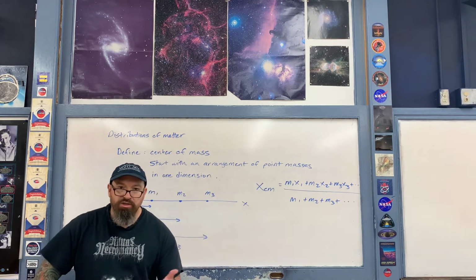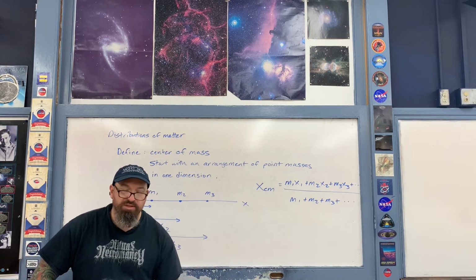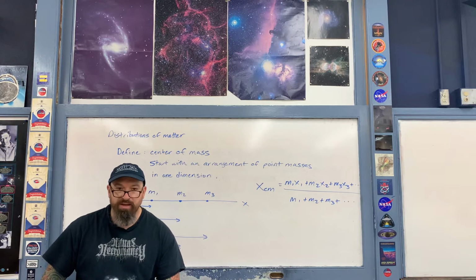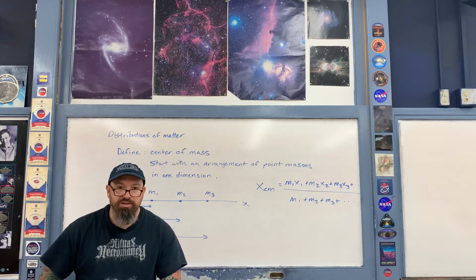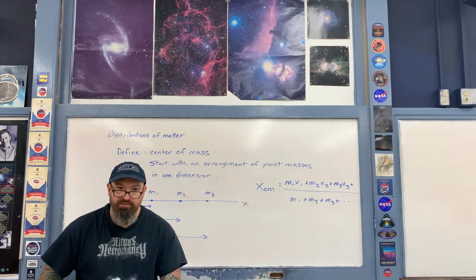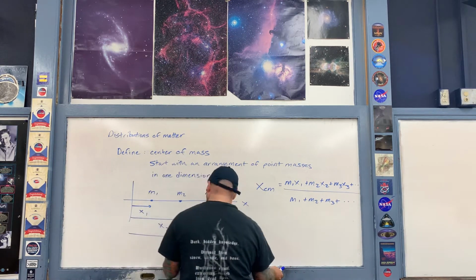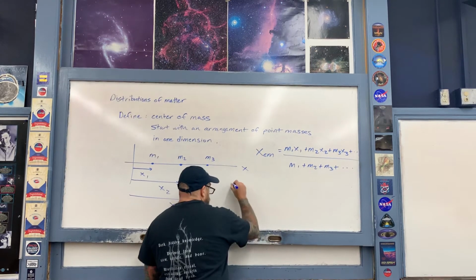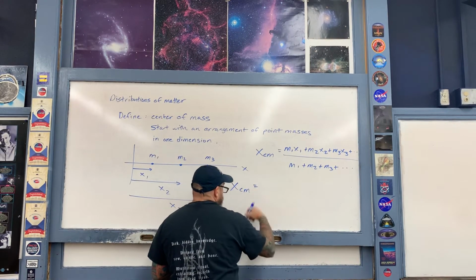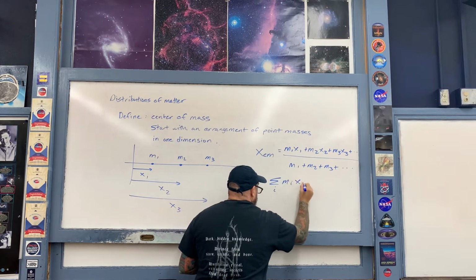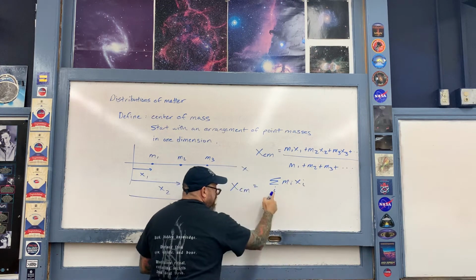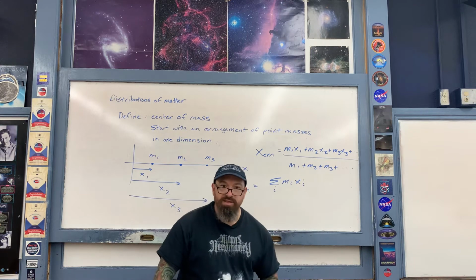Now there is a way to shortcut writing out all of these terms. We do so by mathematically using a summation symbol. So then therefore, using a summation symbol, we would then write the position of the center of mass in the following way. The position of the center of mass xcm is first of all the sum of the product of each mass with its position, where the letter i here is referred to as an index.